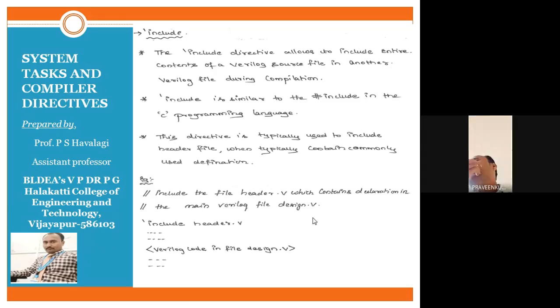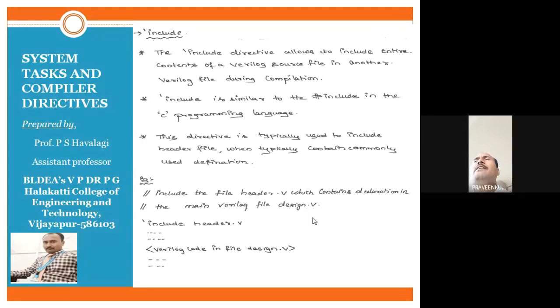I think whenever we are writing C language code, all C language code should begin with hash include stdio.h, because we require those header files. Here also in Verilog, .v is nothing but Verilog. For execution of Verilog code, we require some header files.